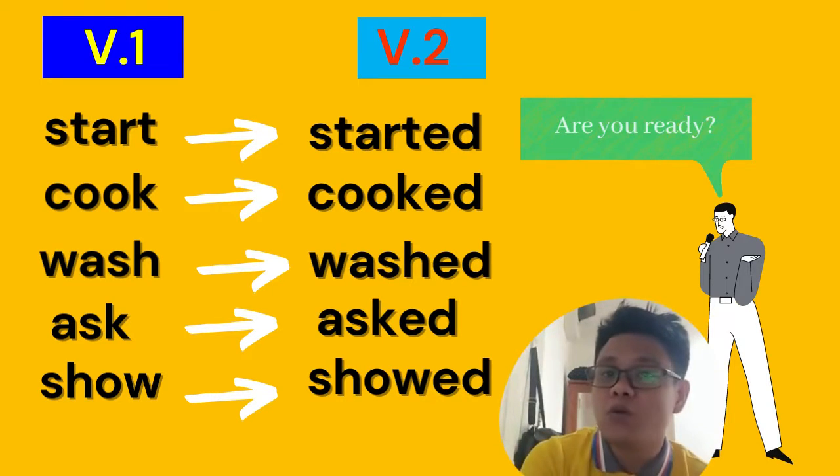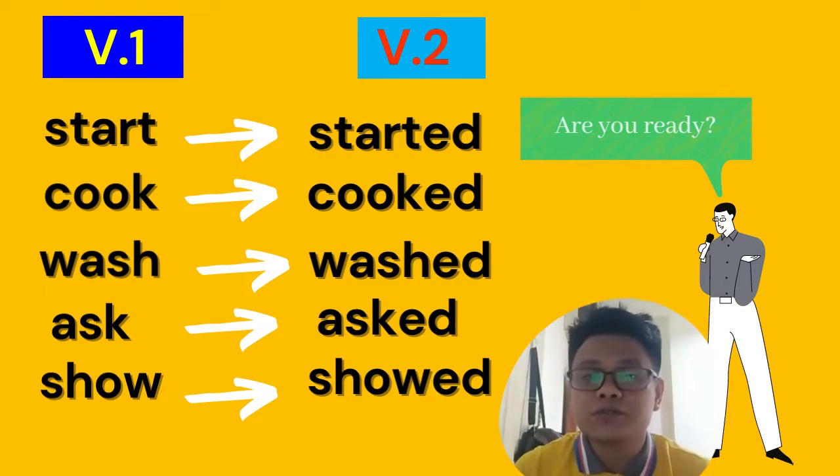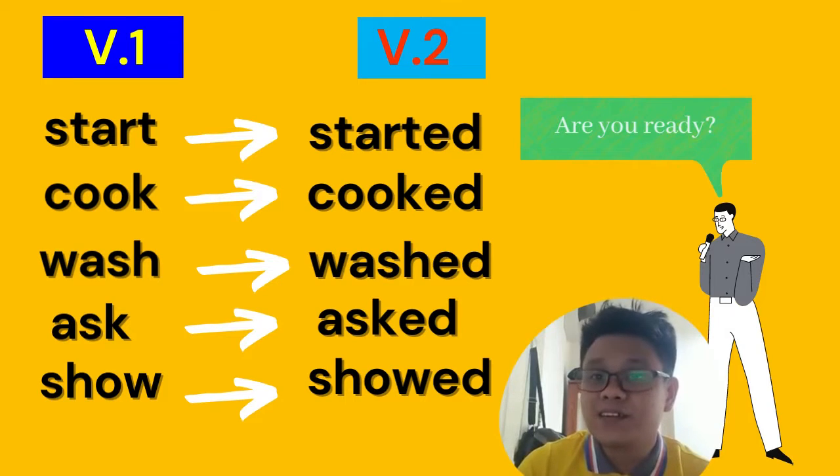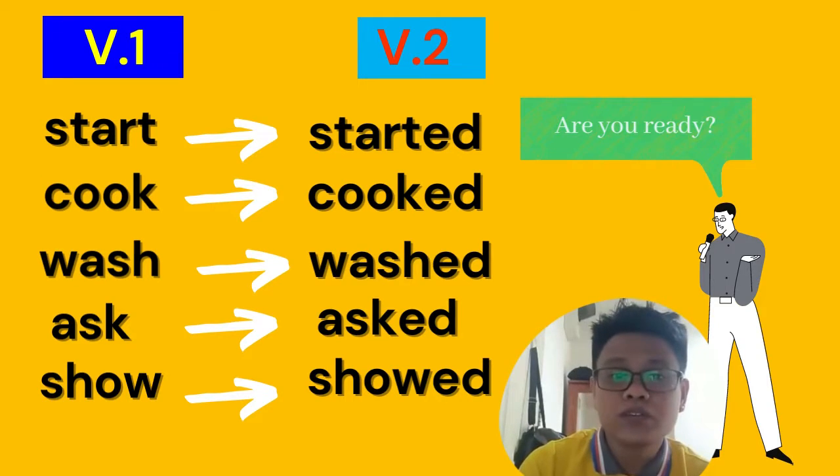We have verb 1 and verb 2. In this part, we are going to learn how to change the word by adding ed. The words are start, started, cook, cooked, wash, washed, ask, asked, show, showed.